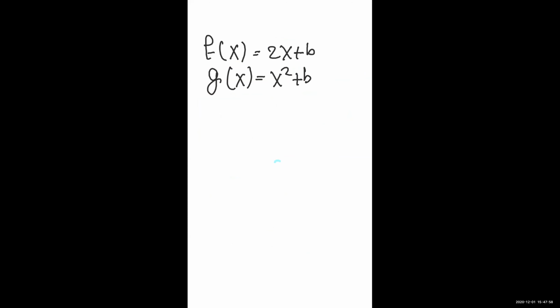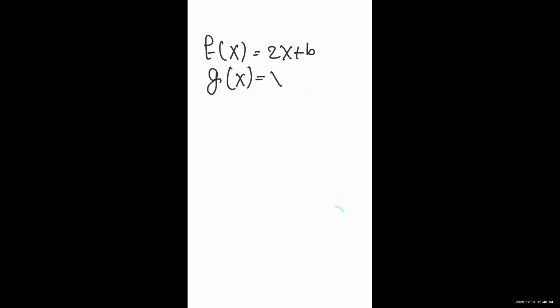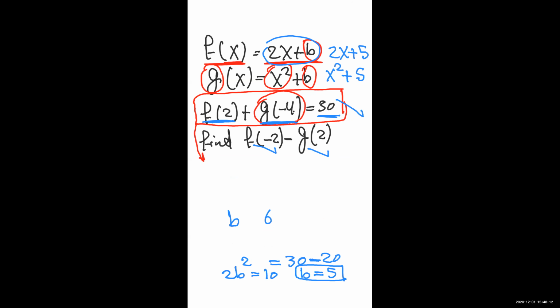So here first I'm going to get f of negative 2 and then g of 2. First, I'm going to get f of negative 2, which is the first requirement here.